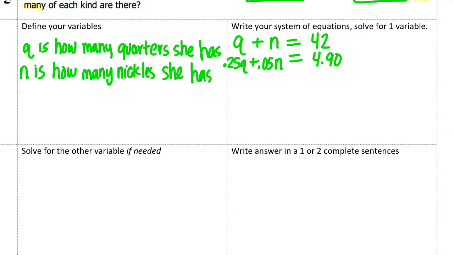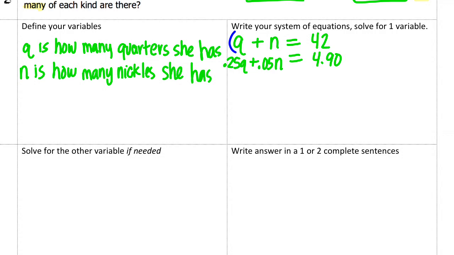So again, this is one where if you have a phone calculator or regular calculator, I suggest you use it. There are decimals. Else you're going to spend a lot of your time just multiplying decimals. I would suggest that we get rid of the quarters first. So I'm going to multiply the whole top by 25 cents, and then I'll rewrite it at the bottom.